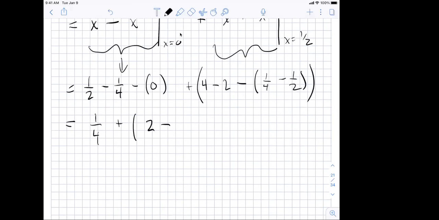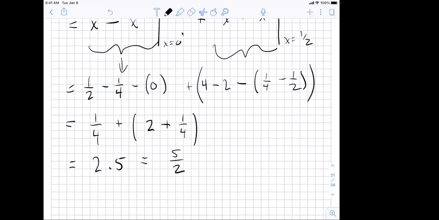So I'm going to get 2 plus 1/4. Okay. So I get 2 plus 1/4 plus 1/4. That's 2.5. Or if you want, you could write it as 5/2, either way.